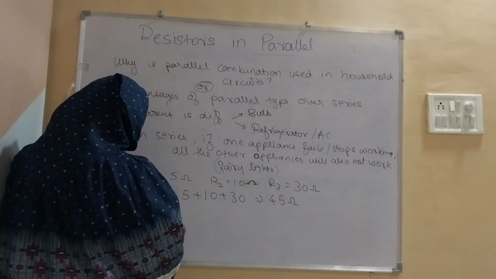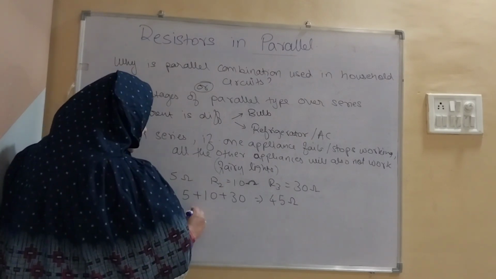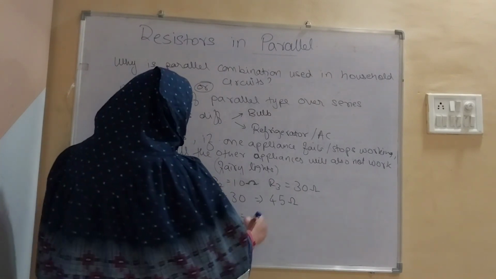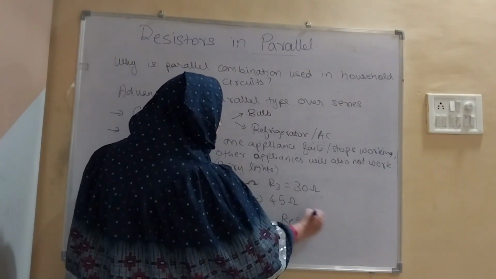In parallel type of combination, 1 upon Rp is equal to 1 upon 5 plus 1 upon 10 plus 1 upon 30, which is equal to 1 upon 3. So Rp will be equal to 3 ohm.